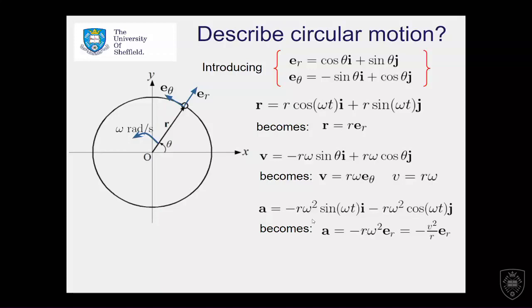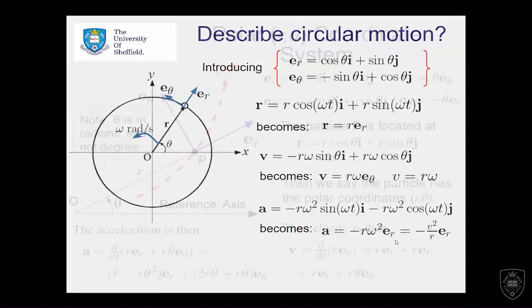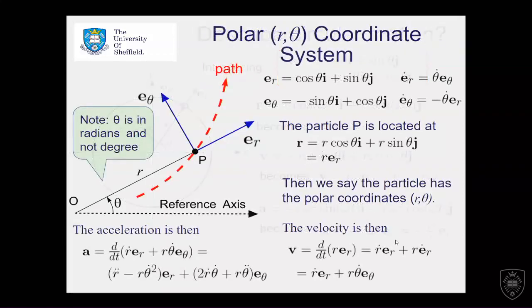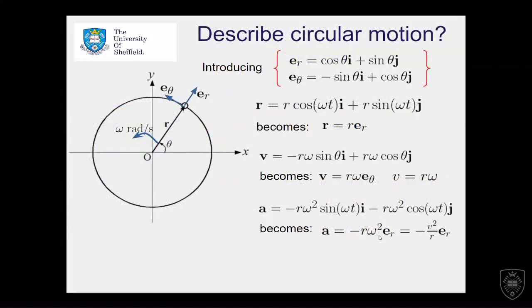Same thing with the acceleration vector. You can rewrite it in terms of e_r. I have a slide showing that, but I want to talk about it here a little bit. You've probably seen before that centripetal force points towards the origin. Centripetal, centrifugal, can't remember which one it is now. But when you're in circular motion, your acceleration points towards the origin.